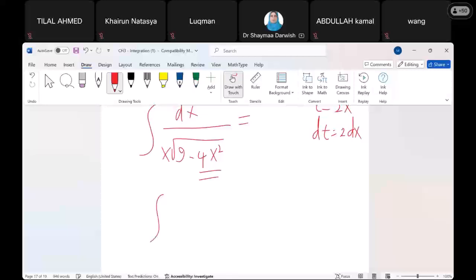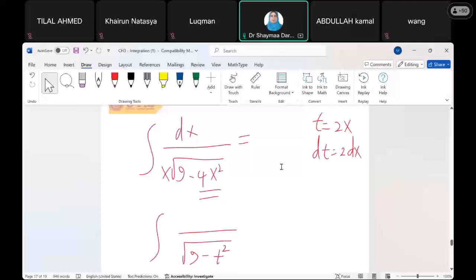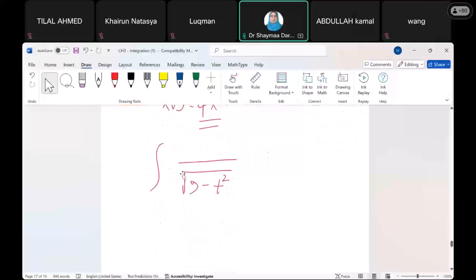So the integration has 9 minus t squared. Okay, x itself, because I need x to change to t. So t equal to 2x means that x is t over 2. So x here is t over 2.